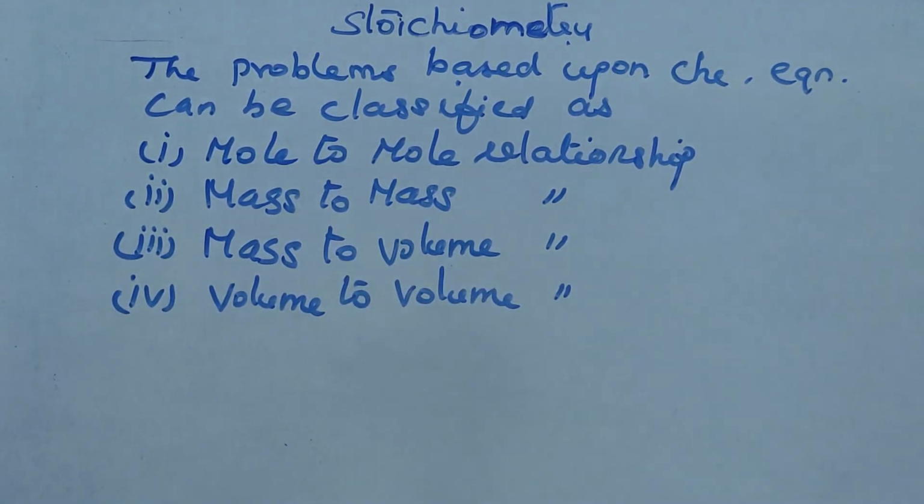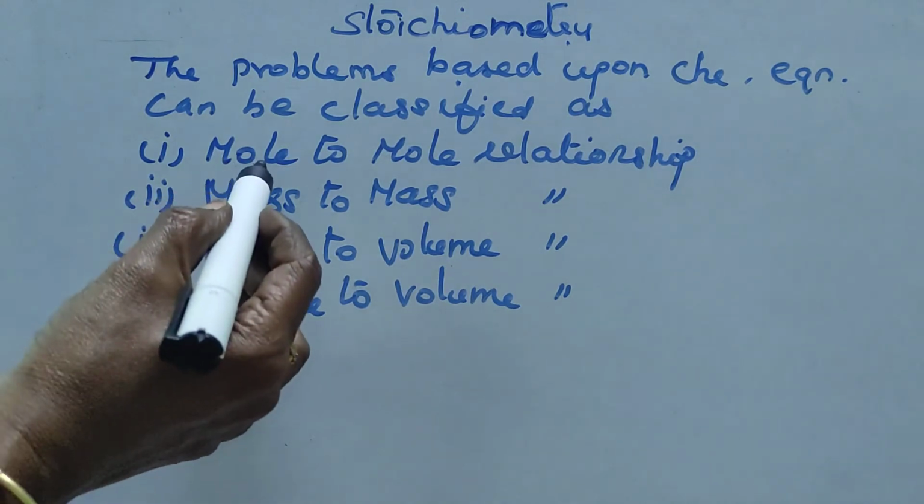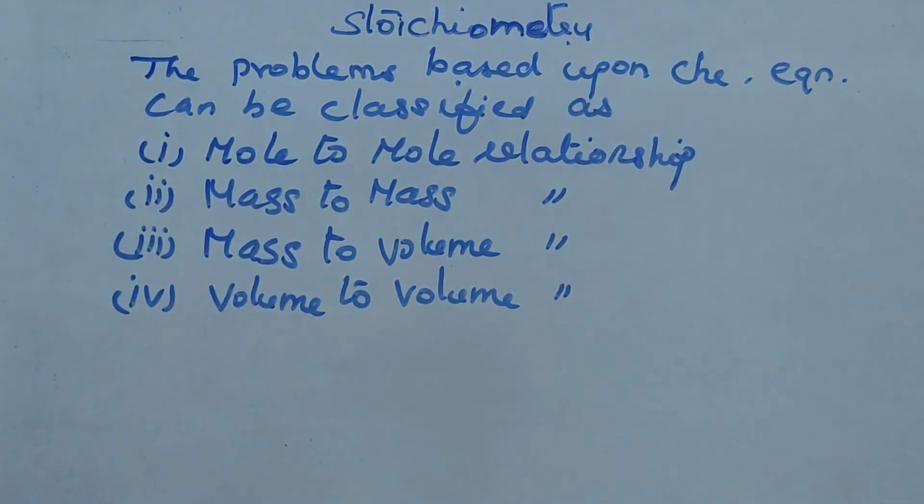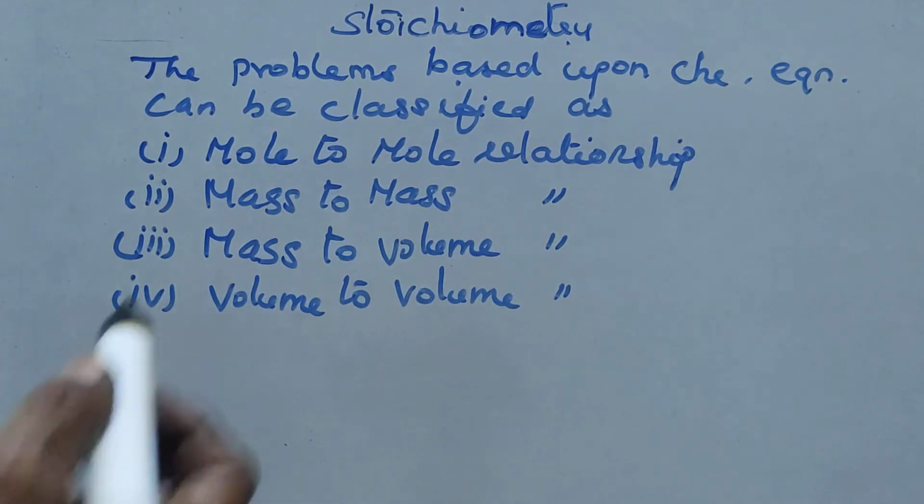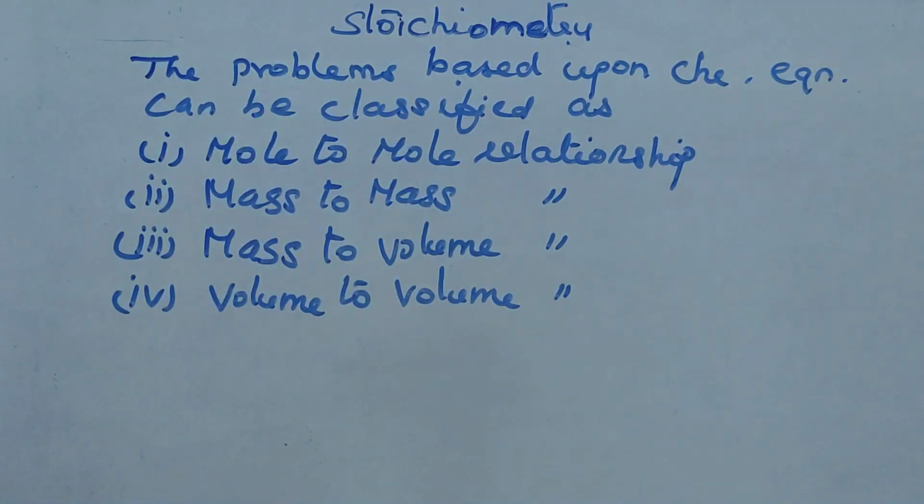What may be mole to mole relationship? In these type of problems, the moles of one of the reactant or reactants will be given, and the mole of other reactants or products will be asked. That is mole to mole relationship.